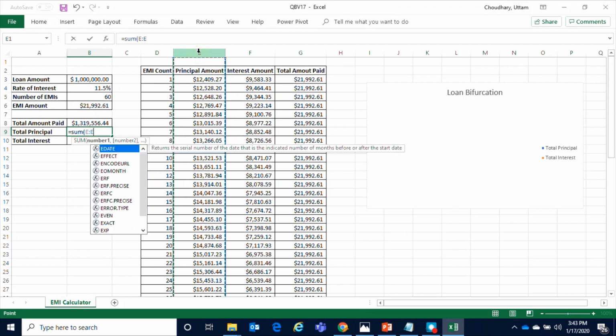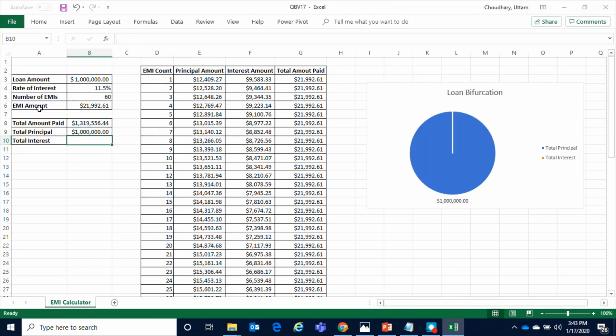By selecting the entire column, I would say okay, and it would automatically come to 1 million. Now, what is the interest amount that I paid? I can subtract this from here, and I would automatically get the interest that I've paid.